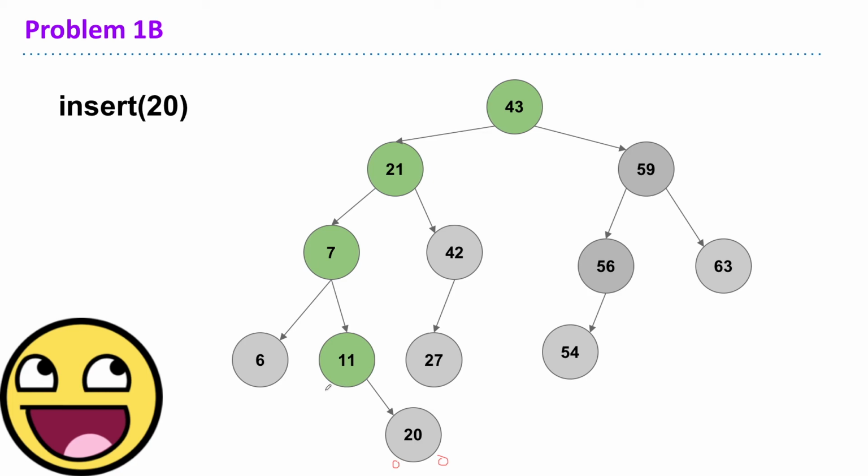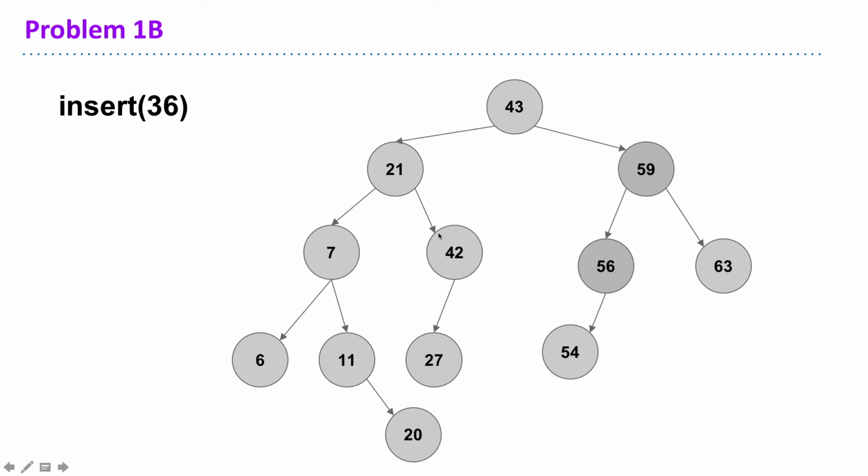For 11 it'll be 0, 1. For 7 it'll be 1, 2. For 21 it'll be 3, 2. And for 43 it'll be 4, 3. So all the heights are within 1 of each other, so these are all going to be balanced.